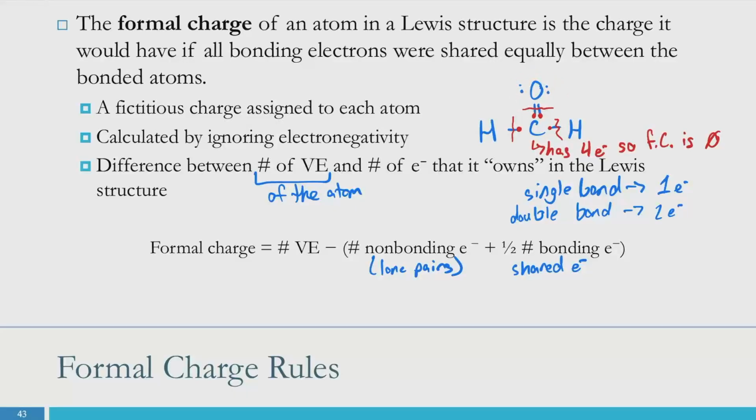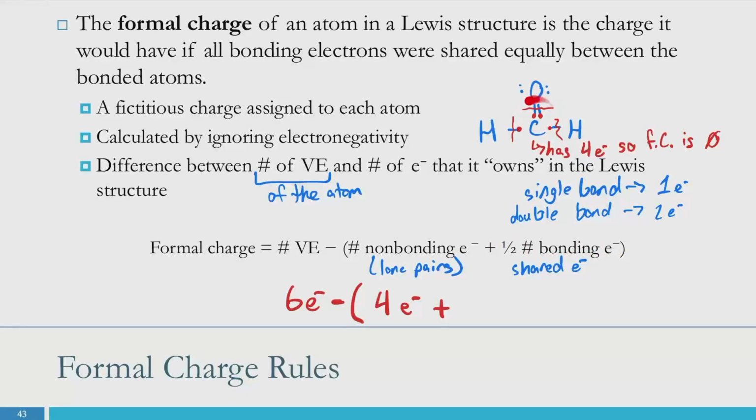Oxygen, let's use the full formula here. Oxygen has 6 valence electrons. It's in group 6A. It has some non-bonding electrons and some bonding electrons. So we're going to do 6 electrons minus the number of non-bonding electrons. We've got 2, 4 non-bonding electrons. We also get 1/2 of the bonding electrons.